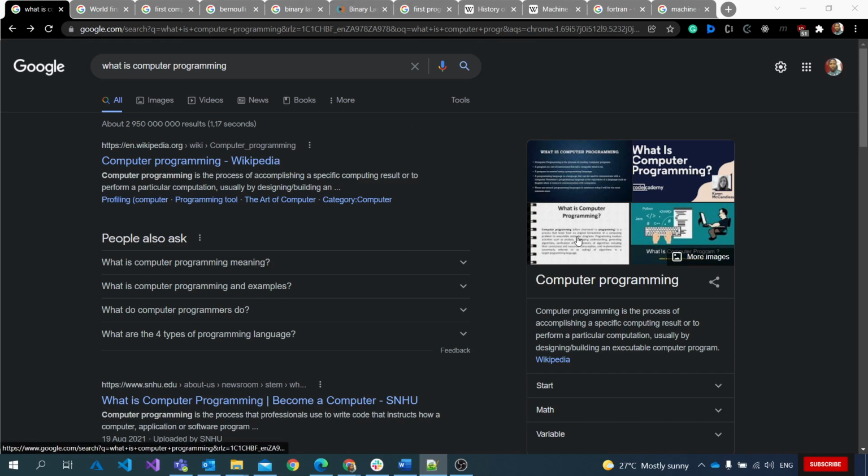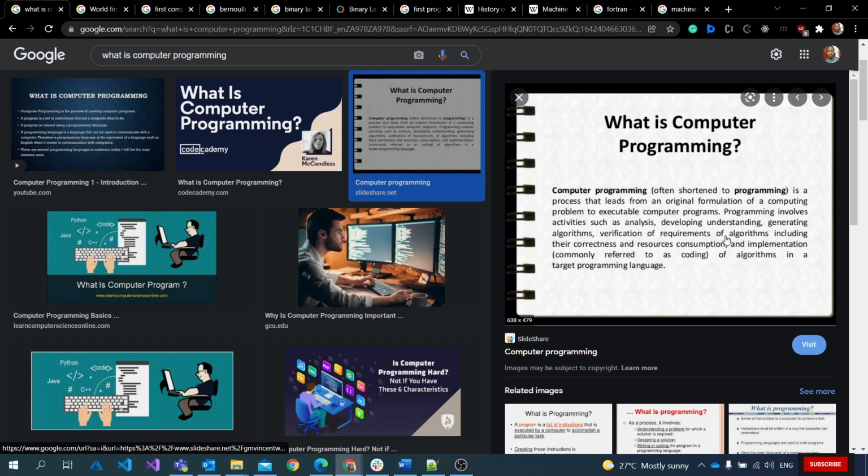To give more details, I just Googled what is computer programming, and I found this image with a much more in-depth description. What normally happens is a programmer would be given a set requirement to say, we want a program that does A, B, and C. For example, a simple calculator where you add one number to another.